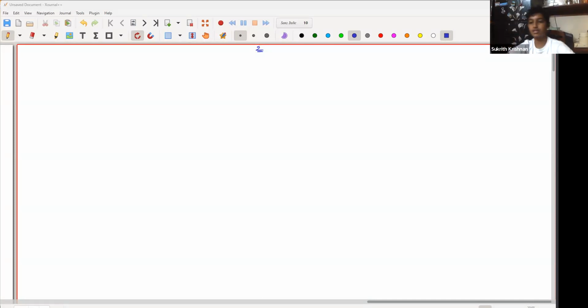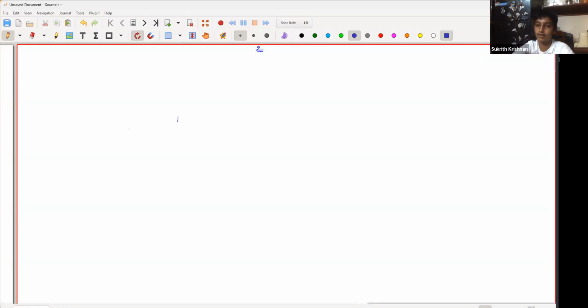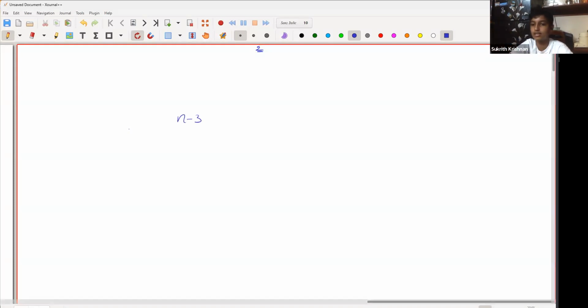Each vertex can go to n minus 3 other vertices. Let's say that n is the number of vertices, so it can go to n minus 3 vertices, and each one can go, but then let's say A goes to B, but then B can't go to A, so you divide it by 2.